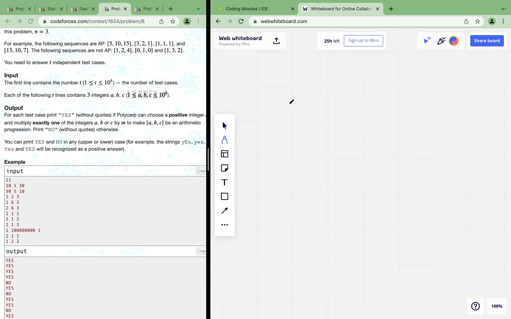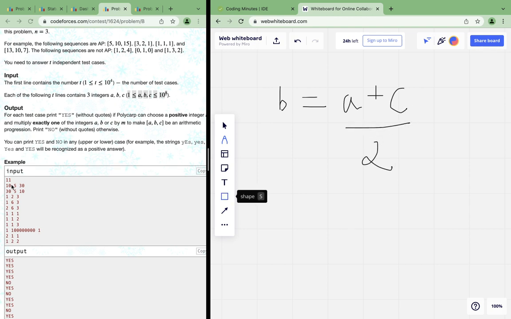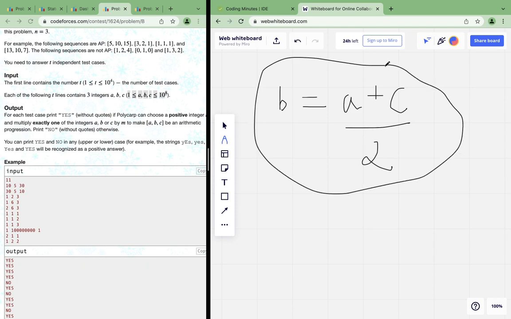So what my statement is that b is equals to a plus c by 2, right? And in this case, if we can make the middle part to be equals to this, then we are good, right? So we are doing that.